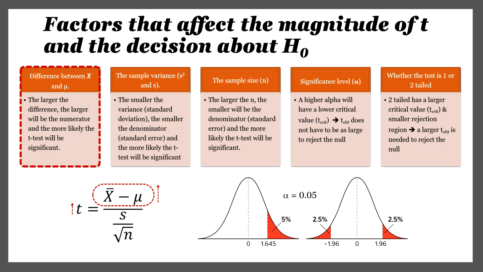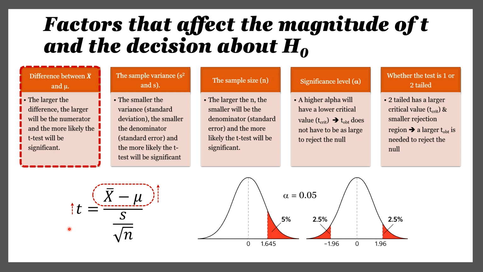Okay, so first, the difference between x bar and mu, which is the numerator of the formula for the t-statistic. And so the larger this difference in absolute terms, the difference between the sample mean and population mean, the larger your t-statistic is going to be. Like mathematically, that has to be the case.